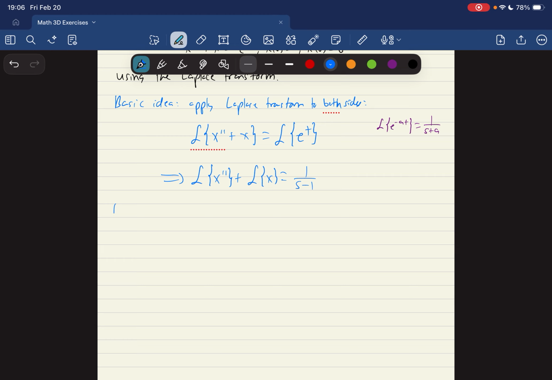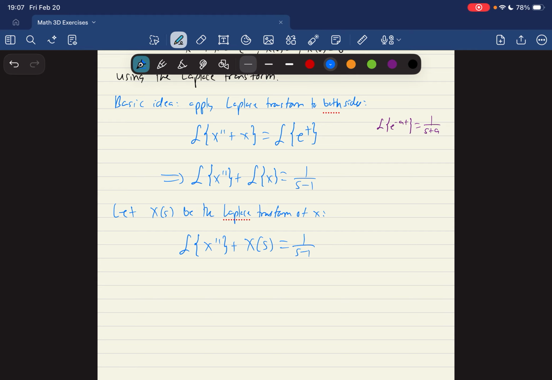So the idea is we're going to let X of s be the Laplace transform of the function we're trying to solve for. So we get L of x double prime plus X of s equals 1 over s minus 1.